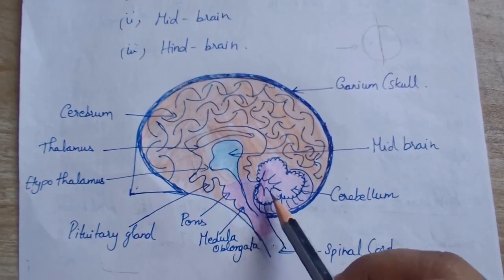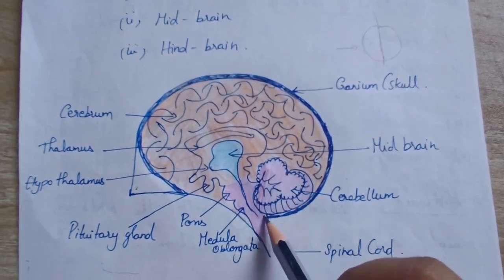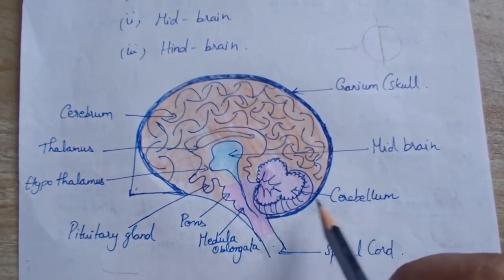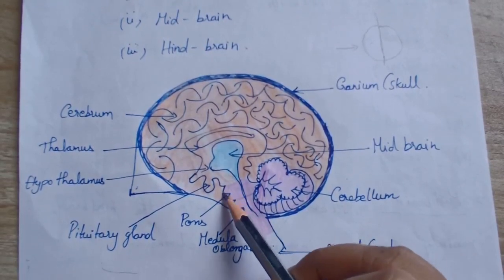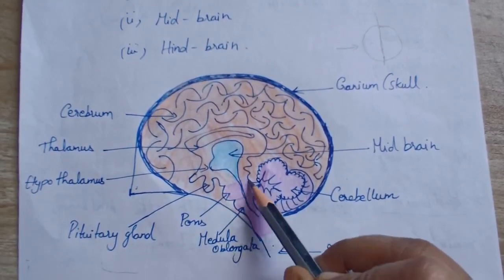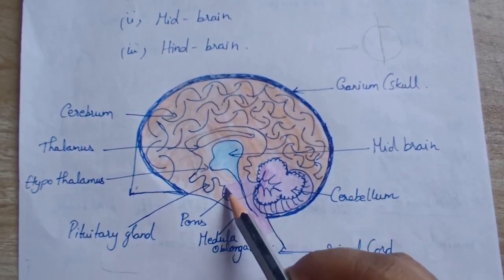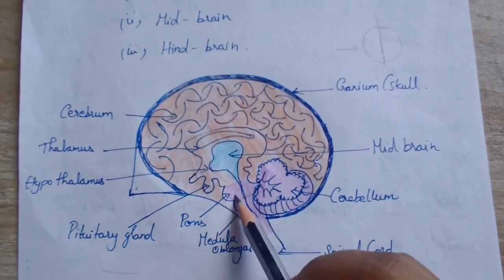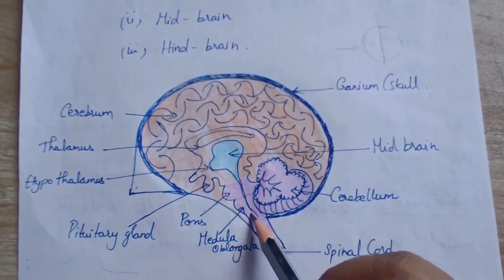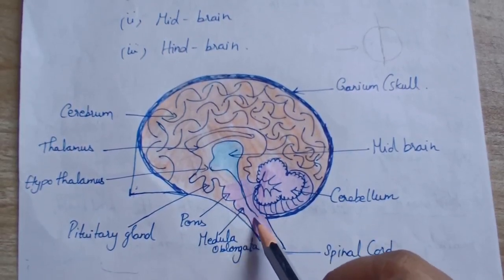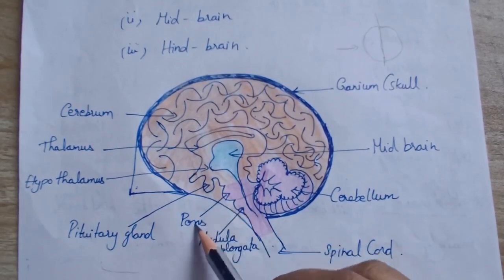This hindbrain contains this part, called the cerebellum. You can visualize two different parts, this one and this one. This starting part is your pons, a bridge between the midbrain and the hindbrain.